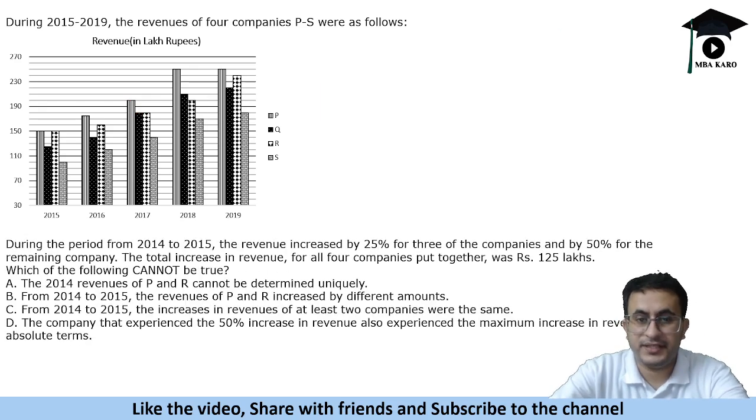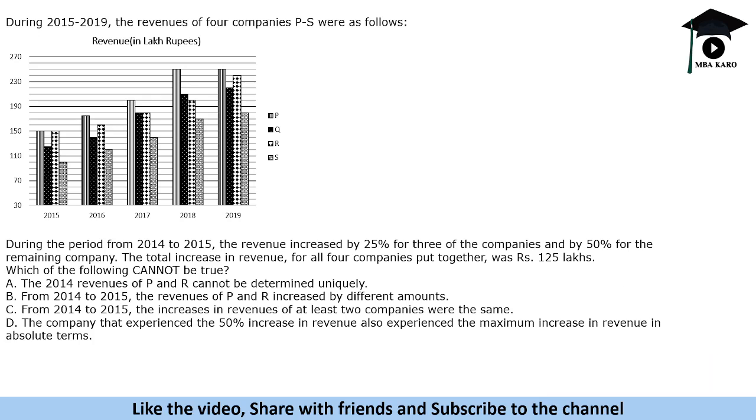Next question. Now again this is a lengthy question. Okay, it says that during the period from 2014 to 15, the revenue increased by 25% for 3 of the 4 companies, and by 50% for the remaining company. So for 3 companies the revenue increased by 25% and for the 4th company by 50%. The total increase in revenue for all 4 companies put together was 125 lakhs.